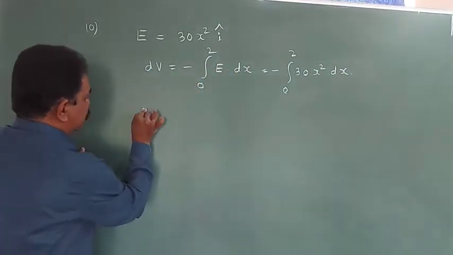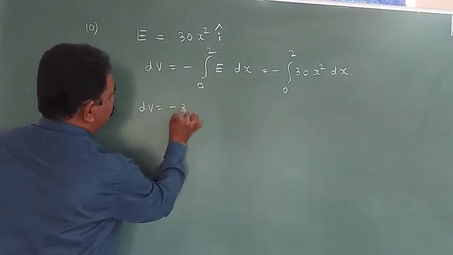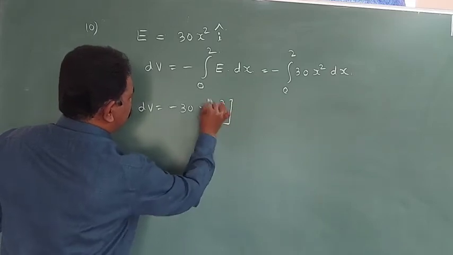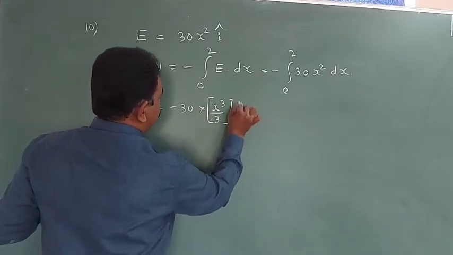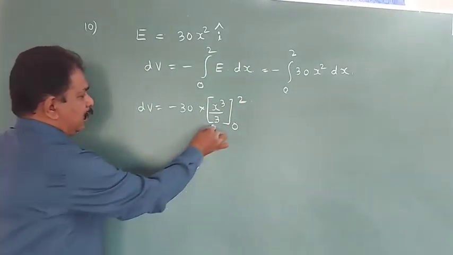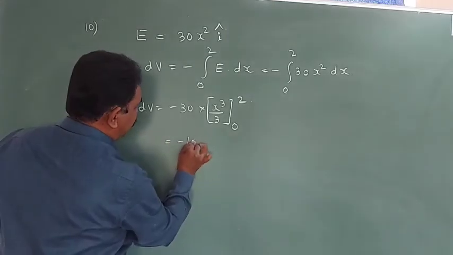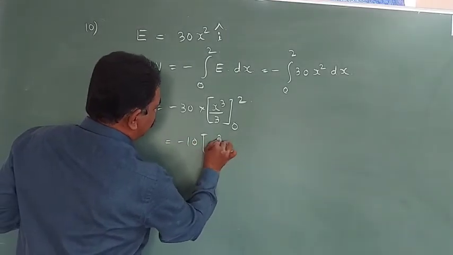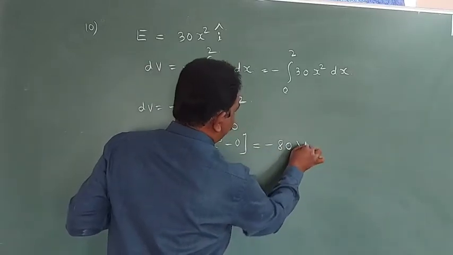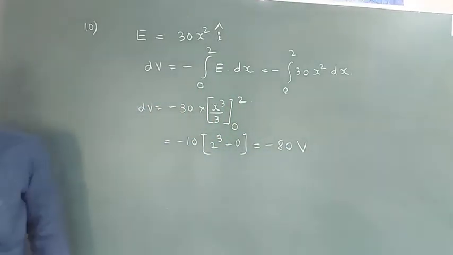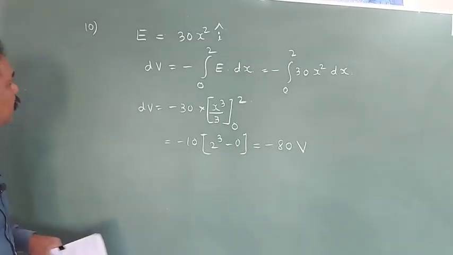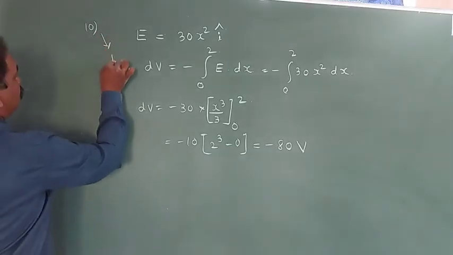So dV is equal to minus 30 into x cube by 3, with limits 0 to 2. So 30, 10 times will cancel, minus 10 into 2 cube minus 0. So this value will be minus 80 volt. Okay, so 10th it will be first option.